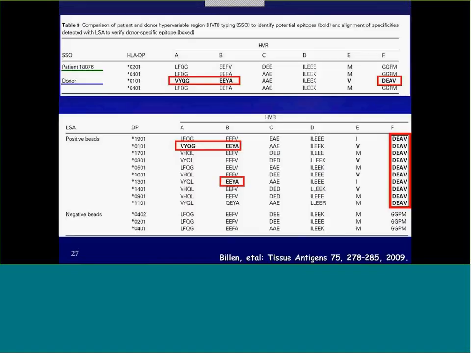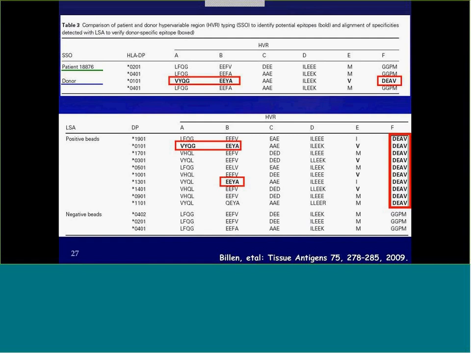But what we see, and I've alluded to it before, is that the vast majority of DP antibodies that we find in our patients are directed at one or more of these hypervariable region polymorphisms. And what we show here on the top part of the slide is the patient's HLA type. You can see the patient is homozygous for GGPM.